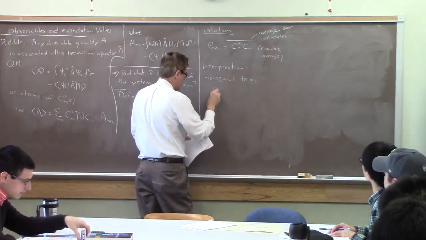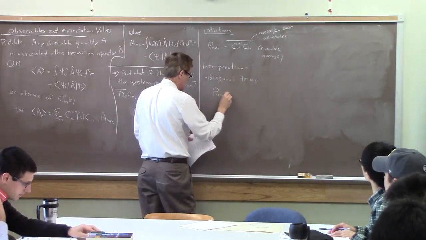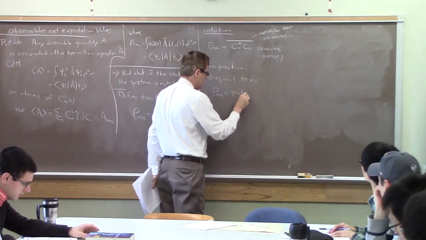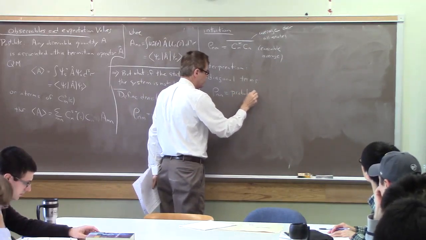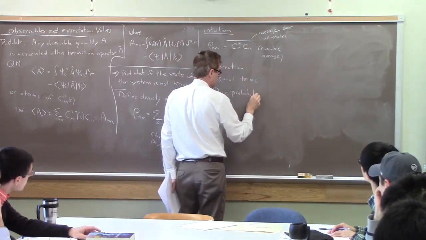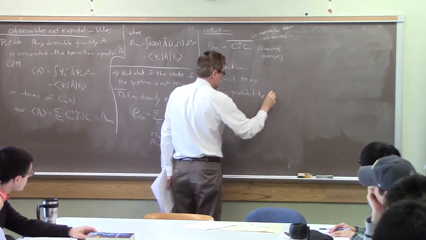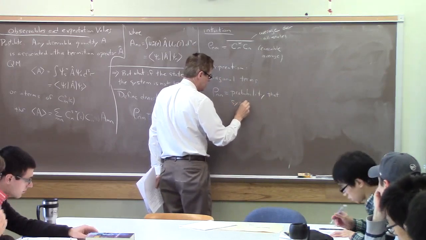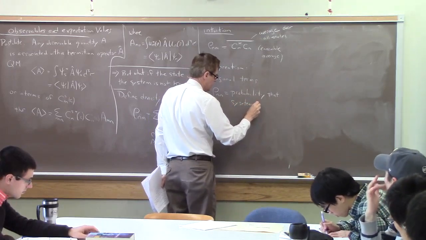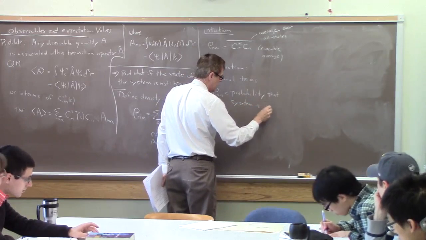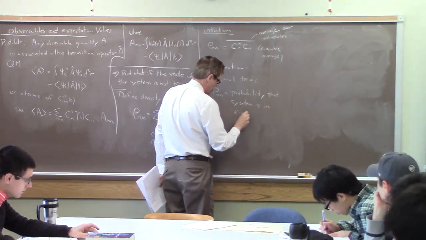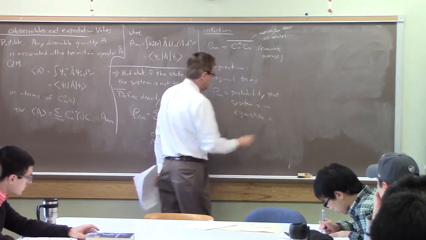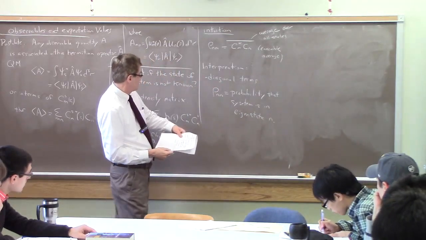So rho n n is the probability that the system is in eigenstate n.